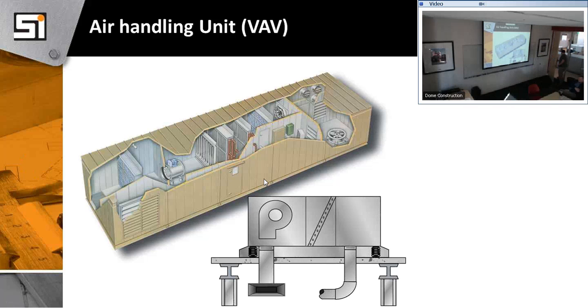Then we have integrated economizers. Say it's 40 degrees out, but you guys complain when we put 40-degree air in here. So we bring back some return air and blend it to create that 55, so that's integrated.